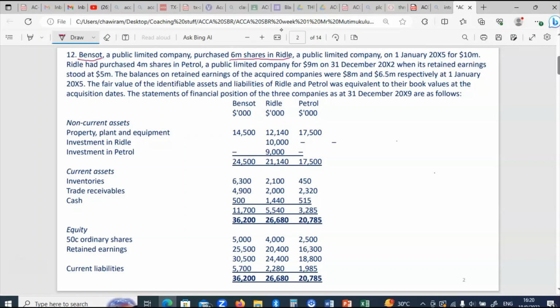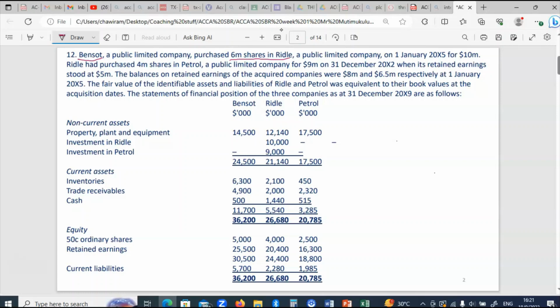We need to know if this acquisition was indeed a subsidiary, or an associate company, or some simple investment. How do we know that this is a subsidiary? Usually, a company that has been purchased is a subsidiary only when the majority of the voting shares have been purchased.